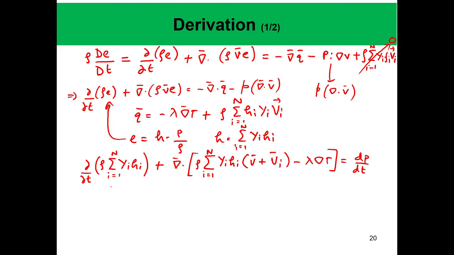So, this is the transient term, this is basically the convection term, and this is the species diffusion term, and this is the heat flux crossing the boundaries. This is also the heat flux crossing the boundaries, carried over by the species diffusion velocity. This is the heat flux crossing the boundaries due to the temperature gradient, and that is equal to dP/dt.